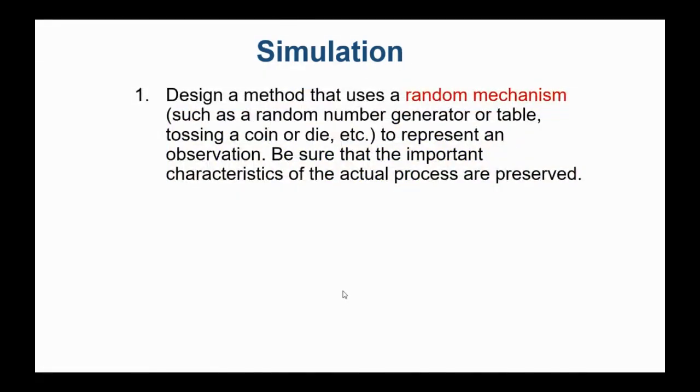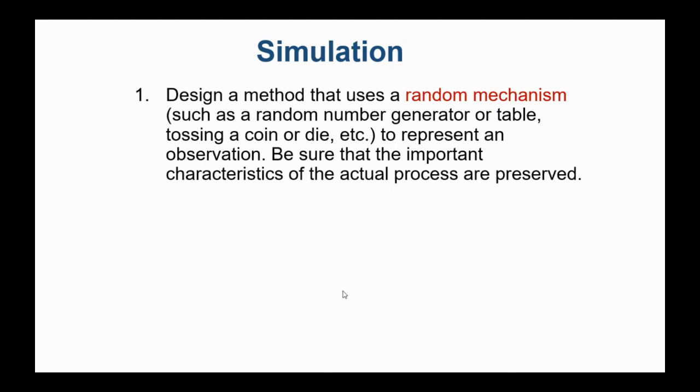To do this, we have to design a method that uses some random mechanism, such as a random number generator or a table, tossing a coin, rolling a die, etc., to represent an observation. And when we do this, we have to be sure that the important characteristics of the actual process are preserved. So if we go back to our example about having kids, you have a boy.